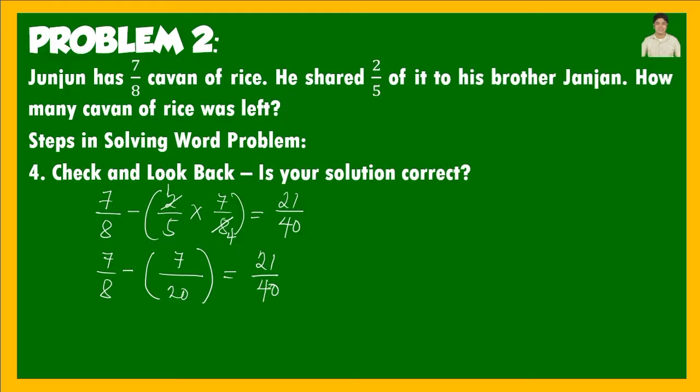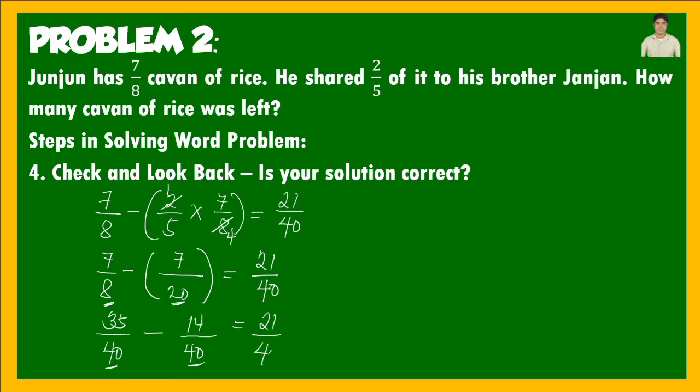So, yung LCD nila na nakuha kanina is 40, diba? So, sulat natin 40. Ayan. So, 40 divided by 8, that is 5, times 7, 35. 40 divided by 20, we have 2 times 7, that is 14.